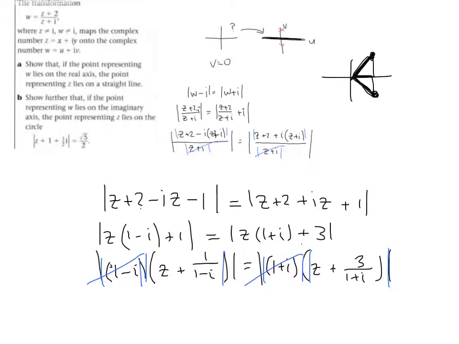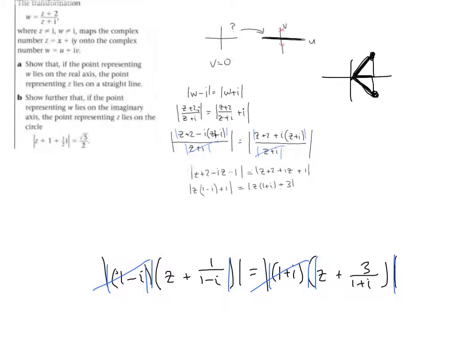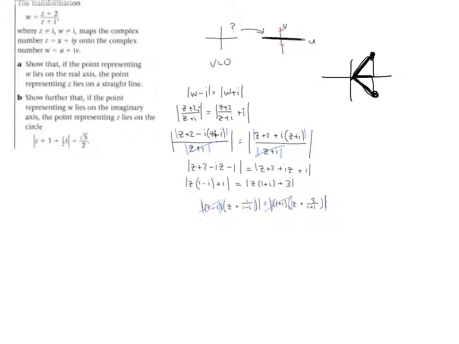It's all simplifying out quite nicely now, isn't it? What have we got? Modulus of z plus 1 over 1 minus i equals modulus of z plus 3 over 1 plus i. Instead of plus, I should write minus, because there always needs to be a minus in there.